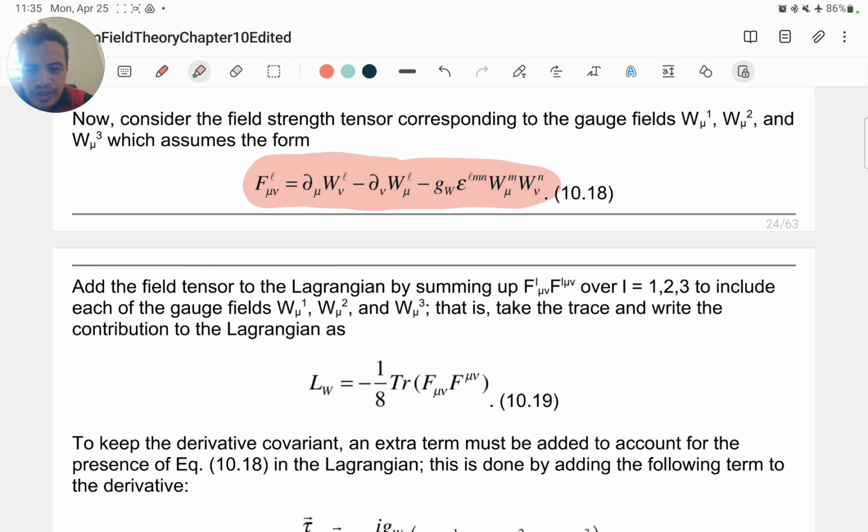And we take the trace of the matrix and then we add it to the Lagrangian, and we term it as L W, which is just negative 1/8 times the trace of F mu nu F mu nu in this expression.